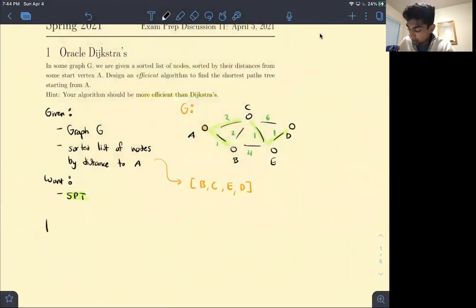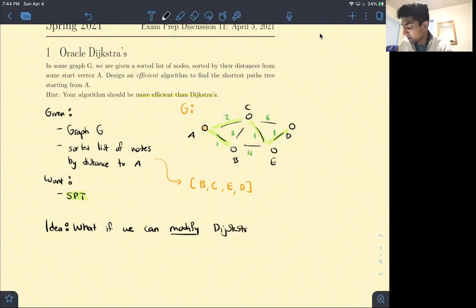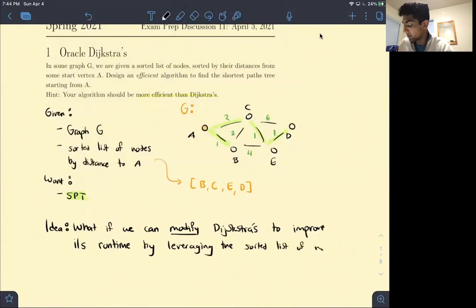So our idea is, what if we can modify Dijkstra's, I think I misspelled Dijkstra's, that's embarrassing, to improve its runtime by leveraging the sorted list of nodes.